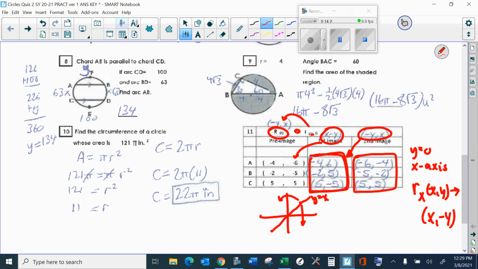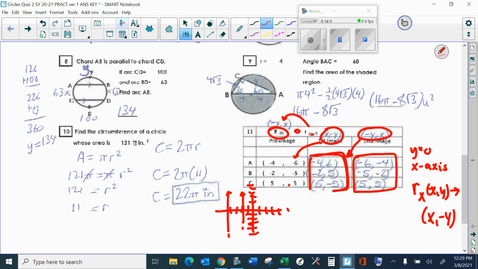If you want to check to see if those made sense, you could plot the original points. So you have (-4, -6) right there, (-2, -5), and (5, 5). It says reflect over the x-axis, so that puts this up here, this up here, and this down here.